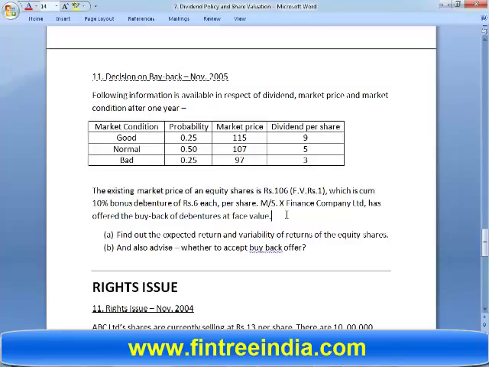So based on what it can be decided whether that buyback of debenture should be accepted. So write down. Decision on buyback of debentures.